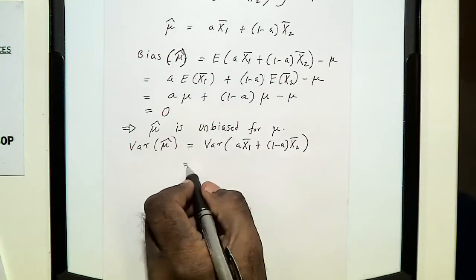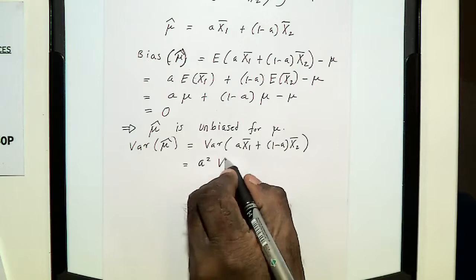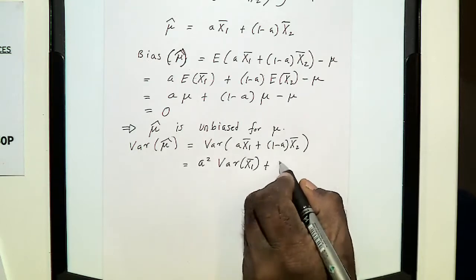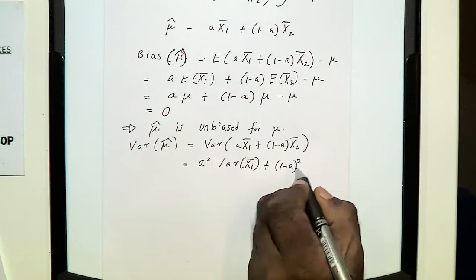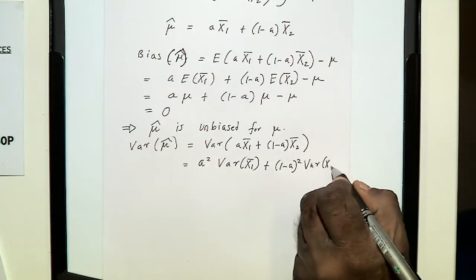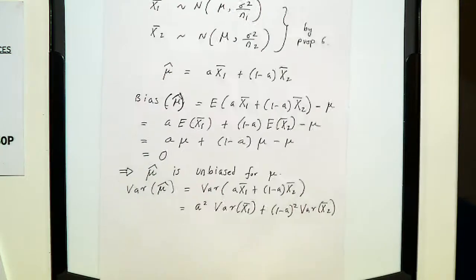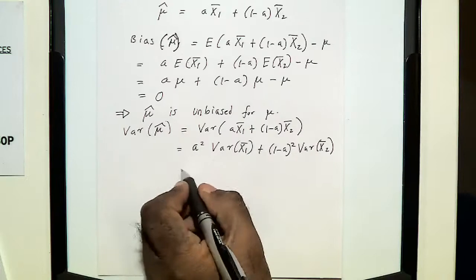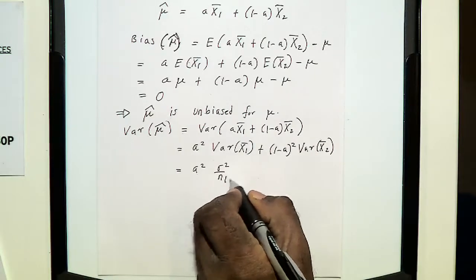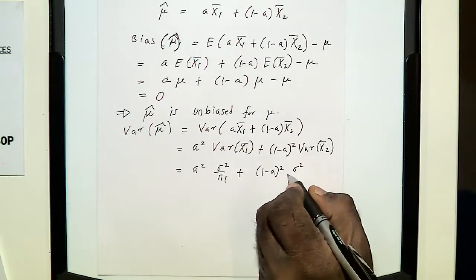So you can take the variance inside. a will become a squared times the variance of x bar 1, and 1 minus a will become 1 minus a squared times the variance of x bar 2. Now we know from these two statements what the variances are. So this is going to be a squared times sigma squared divided by n1 plus 1 minus a squared times sigma squared divided by n2.